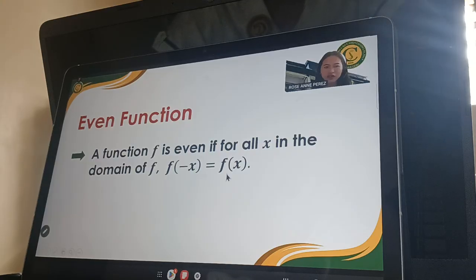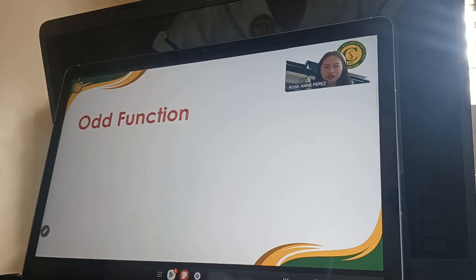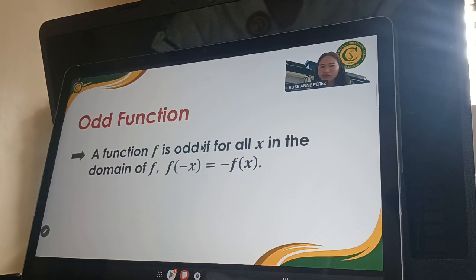And the graph of an even function is symmetric with respect to the y-axis. And then for odd function, please read. Can I have Christelle? For odd functions.